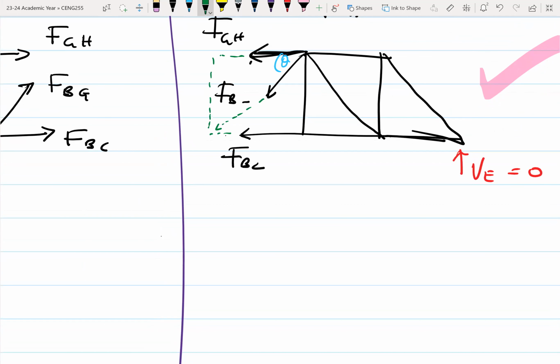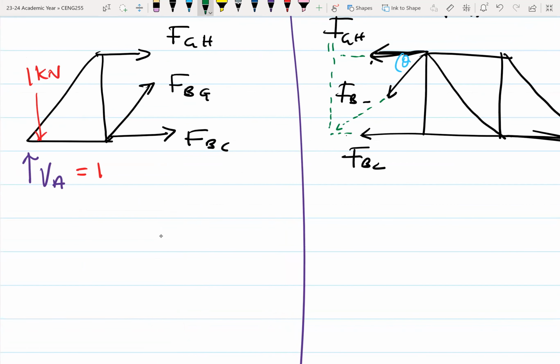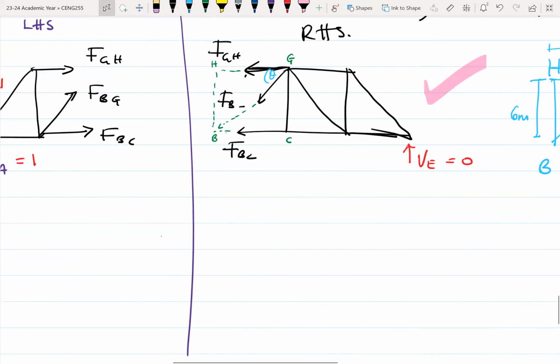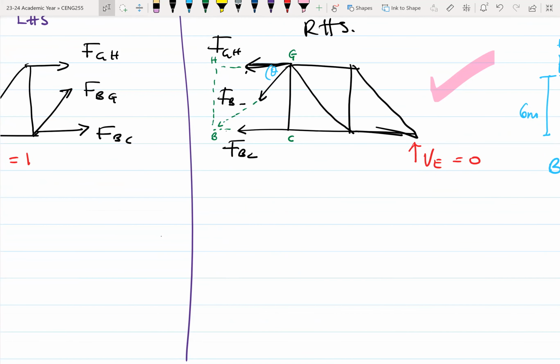Here will be our H, this will be our B, this is our G, and this is our C. We can take moment about either H or B. It's entirely up to us, but it's best to look at which point, when you take moment about it, makes your equation easier to work with. I believe that when we sum moment about B, it makes our calculations easier for us.